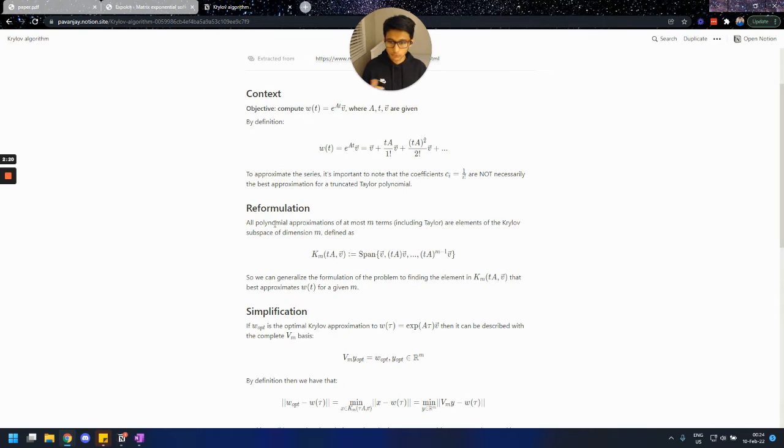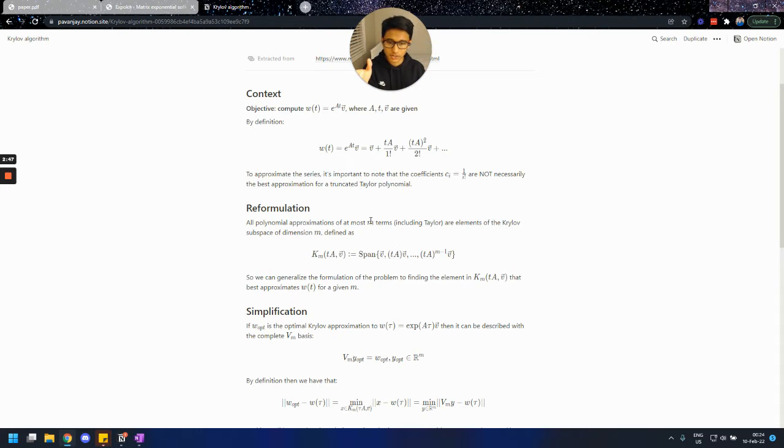So as such, we reformulate our objective to approximate W of t as finding the optimal element within this Krylov subspace of dimension m. So what does this mean? The Krylov subspace of dimension m is the truncated Taylor polynomial truncated to m terms, but the coefficients are unbound.